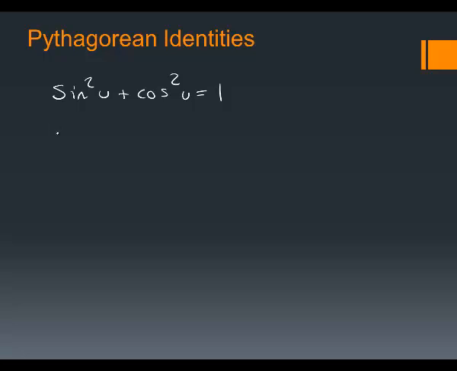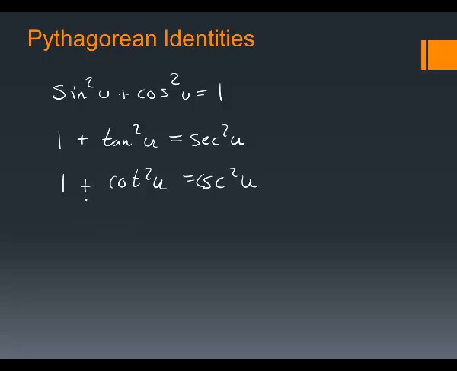We have another Pythagorean identity that's new, 1 plus tangent squared U equals secant squared U, and I'm sure we'll come back to why that works, as well as 1 plus cotangent squared U equaling cosecant squared U. So these are our Pythagorean identities. We'll be looking at these and using substitution and all sorts of stuff.